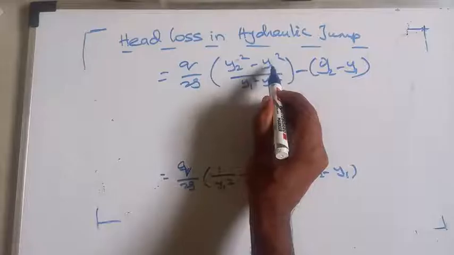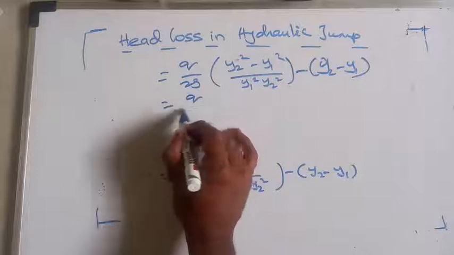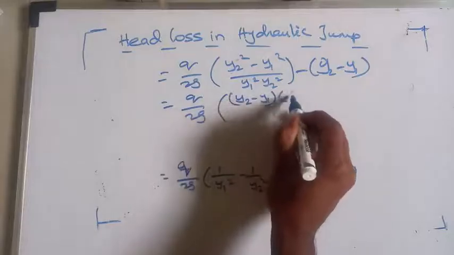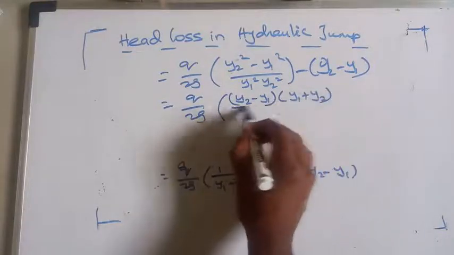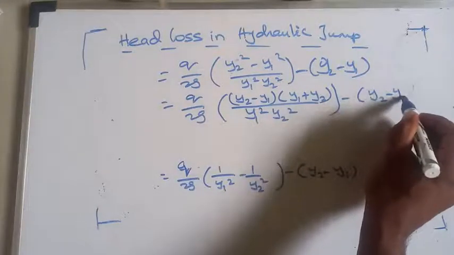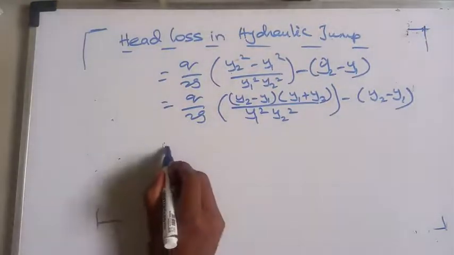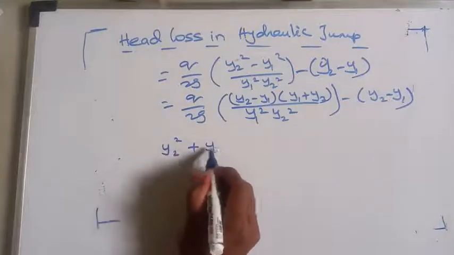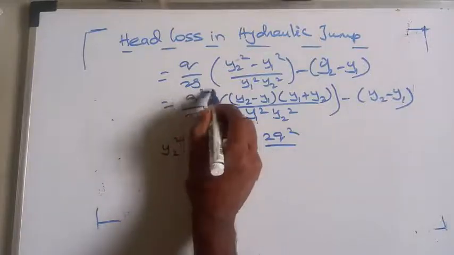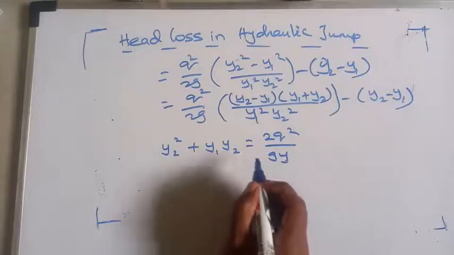this comes under the a plus b into a minus b format. In the hydraulic jump equation itself, we saw y2 square, because by solving this equation only, we got our answer: 2q square, okay, I missed q square, 2q square divided by g y1.